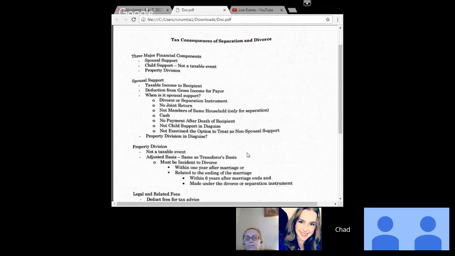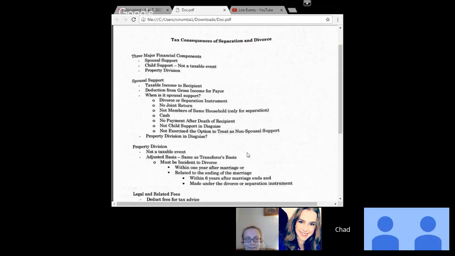That means the payor, the person who pays spousal support, deducts it from their taxes, and the payee, the one that receives spousal support, has to put it on their taxes as income. So it's a deduction to the payor and income to the payee. All right, that's important. Okay, now you see why people want to include the other 2 areas in spousal support, because it's taxable.